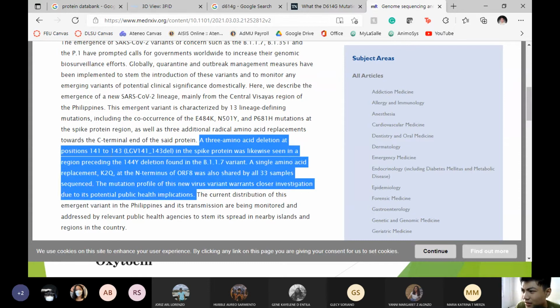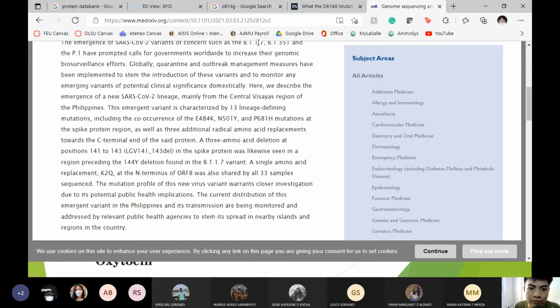The 3 amino acid deletion at positions 141 to 143. Okay, LGV, leucine, glycine, valine, they were deleted. And by just deleting that, we have a new variant. Okay? So that's the significance of the primary sequence of proteins.